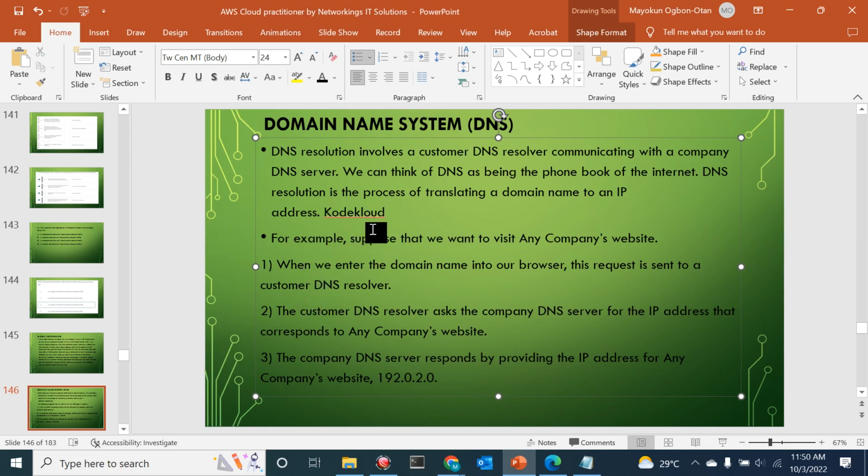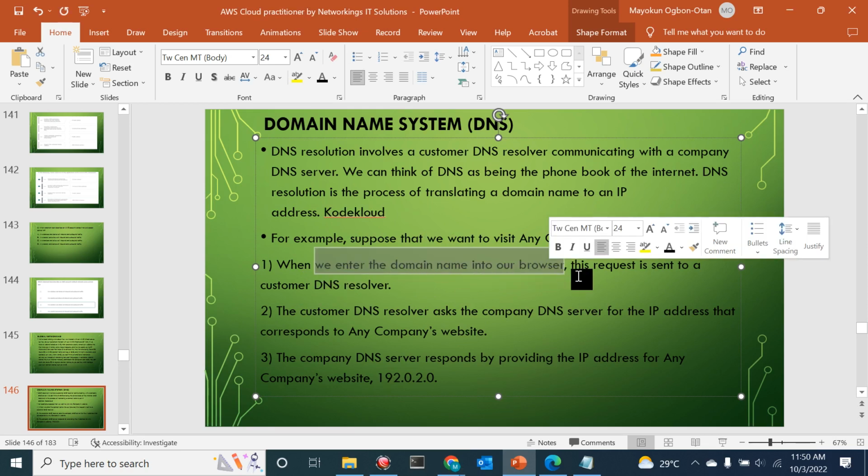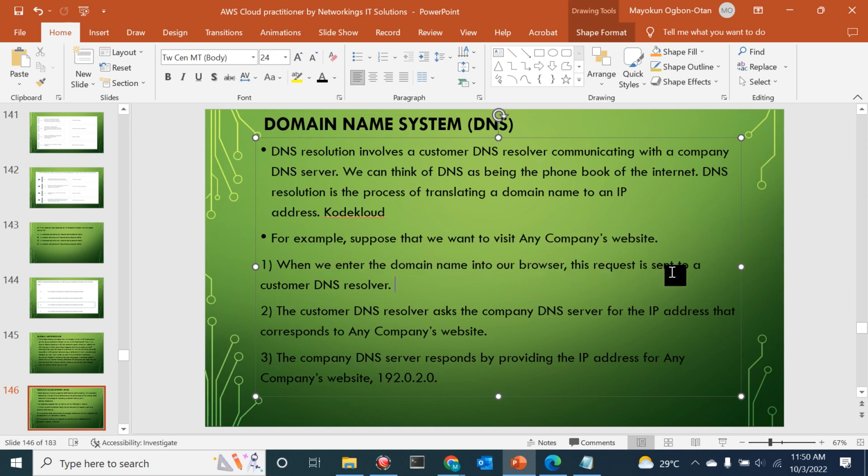So, for example, suppose that we want to visit any company's website. When we enter the domain name into our browser, this request is sent to a customer DNS resolver.